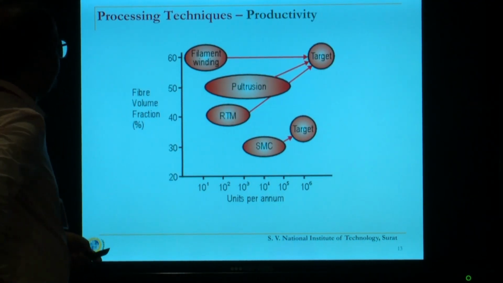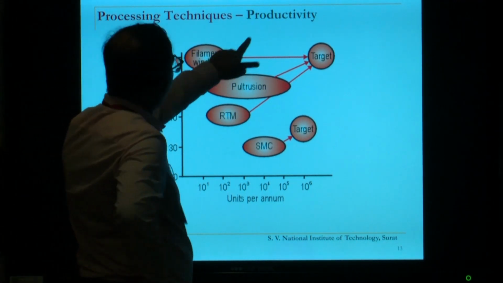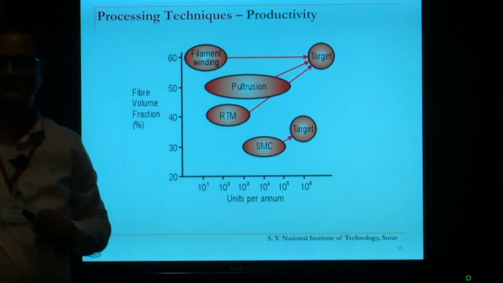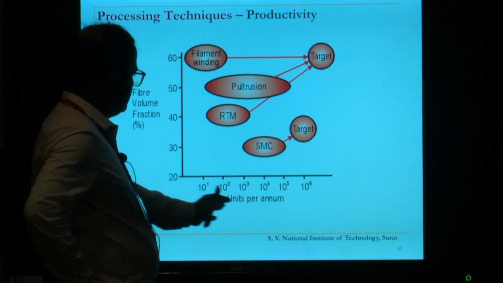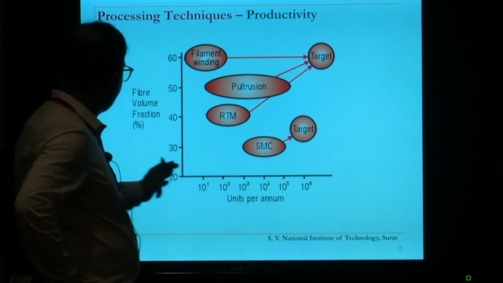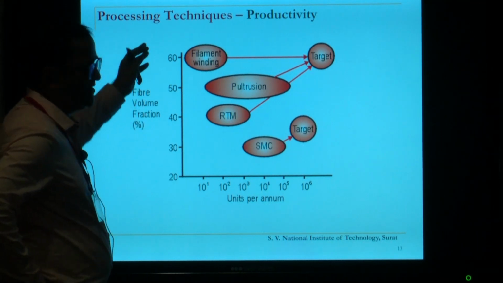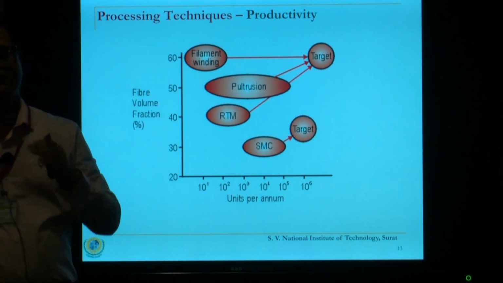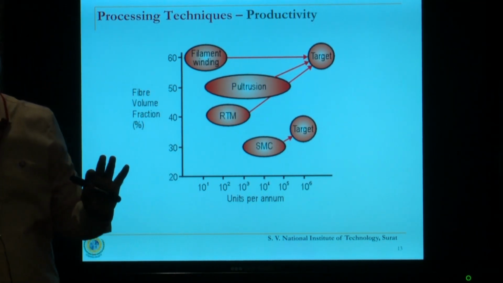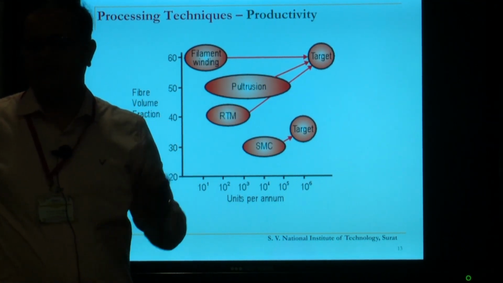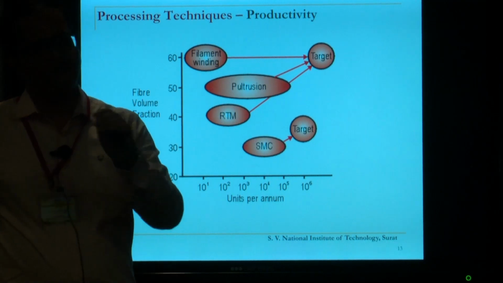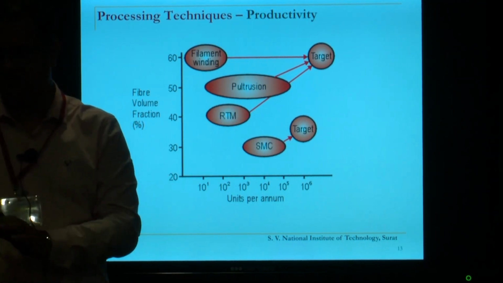Similarly, this is another task which deals with productivity. As we increase the number, and as we want to increase the fiber volume fraction, that is always a common finding in all the results, that the effect of the reinforcement is always more than the effect of the resin, than the matrix.